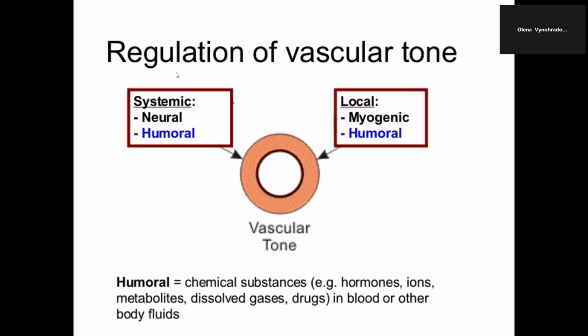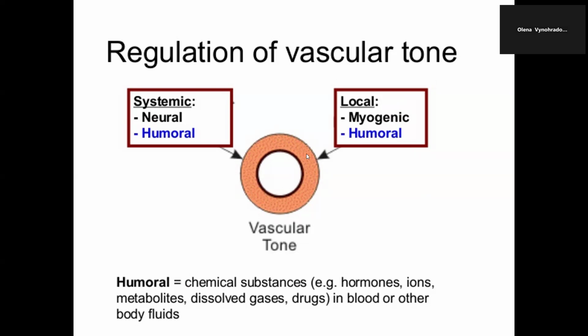Regulation of vascular tone. When we are talking about vascular tone, as with the heart, we have local regulation and systemic regulation. When we are talking about local regulation, we should mention myogenic and humoral regulation.